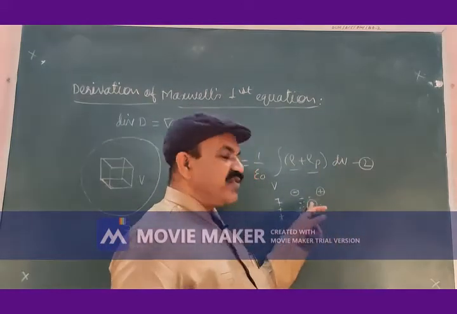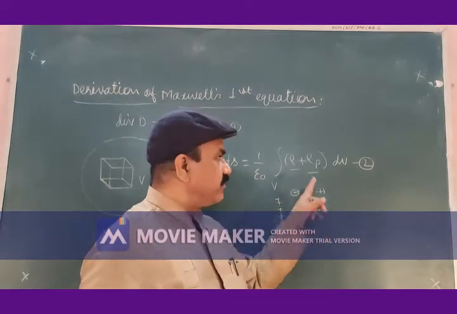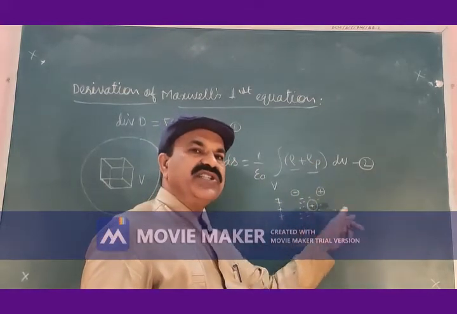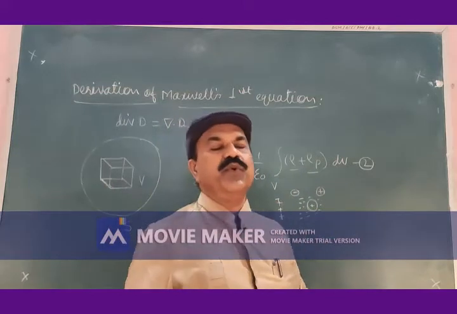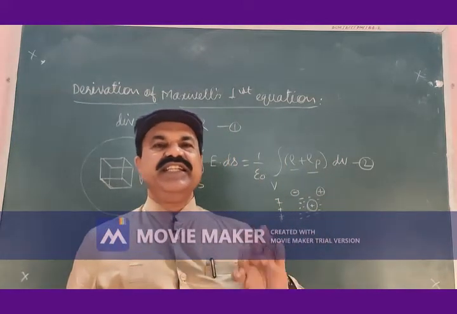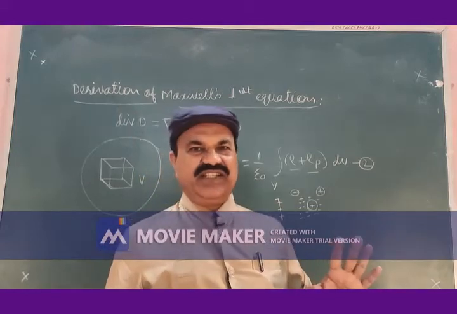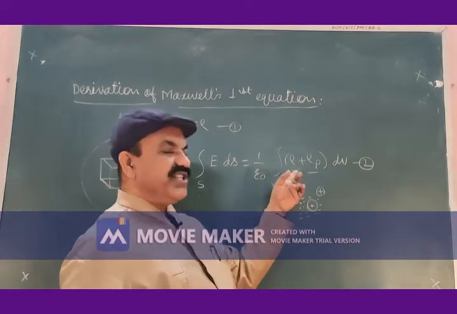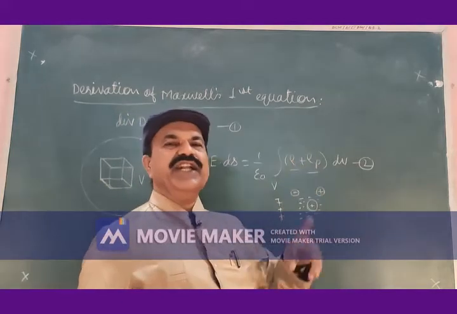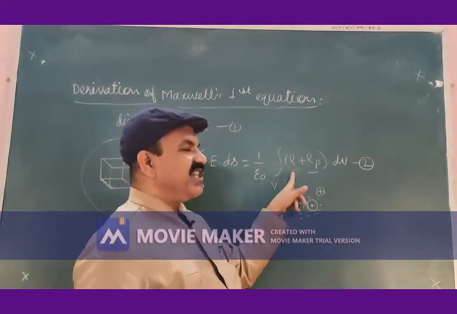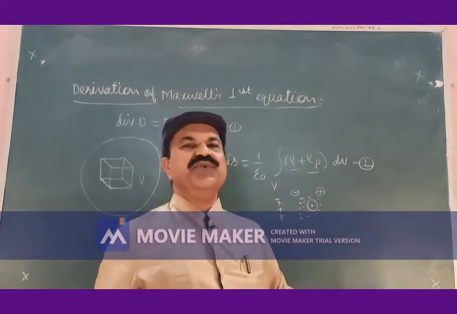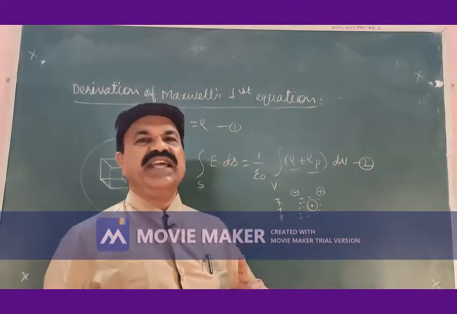Rho p corresponds to such charges, and this rho p is taken as the charge density due to polarization. So the total charges in the dielectric material will be due to rho and due to rho p: the charge density due to free charge carriers and the charge density due to electrical polarization.